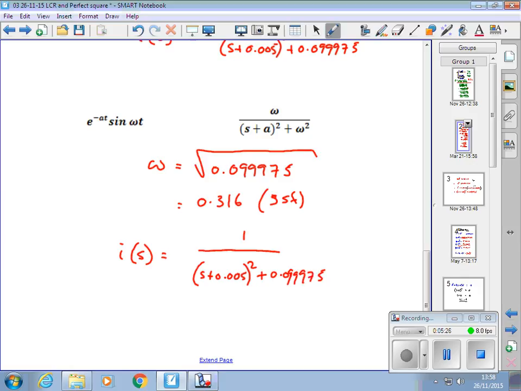So that's that, and that's the omega squared bit. And so we just found out what omega is. So omega needs to be on the top here.